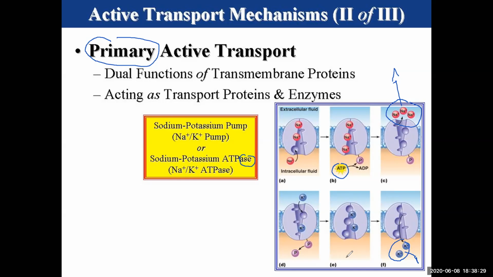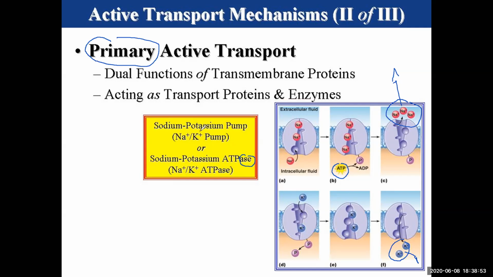So the cell in this case is losing 3 sodium, but gaining 2 potassium when this pump consumes 1 ATP molecule. So this is called primary active transport.